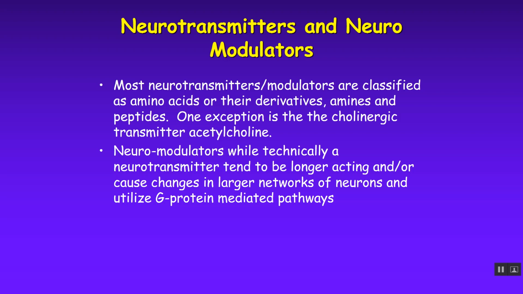One exception is acetylcholine. It's a cholinergic neurotransmitter, acetylcholine. Neuromodulators, while technically under the broader classification of a neurotransmitter, tend to be longer acting and cause changes in larger networks of neurons and utilize these G protein mediated pathways. Okay? When you hear the term neurotransmitter, all these can fall under that classification, but we're going to tease it out a little bit more and talk about neurotransmitters versus neuromodulators.